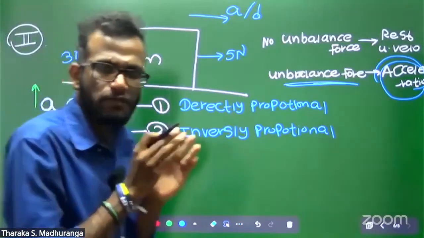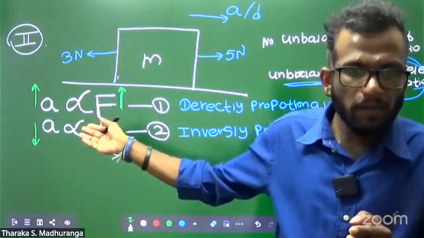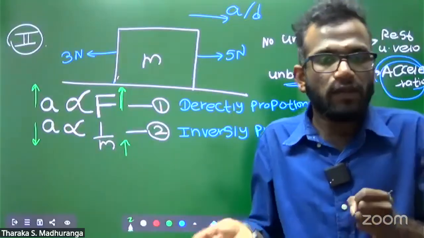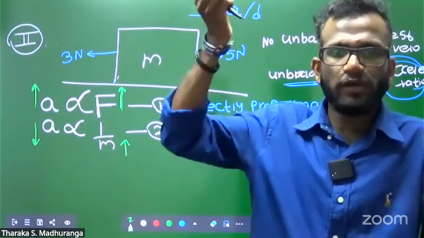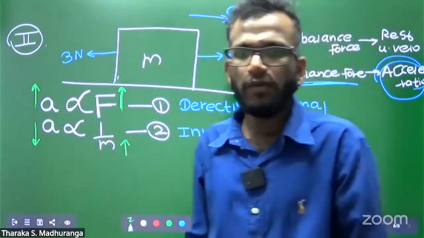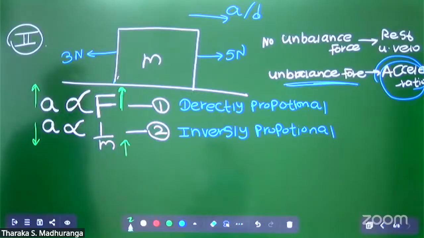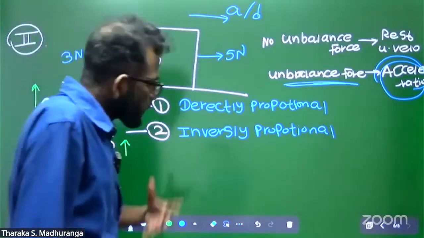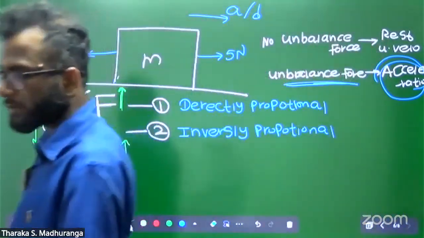That's the difference. The proportional mark is the same, but it is 1 over the mass. When the mass increases, the acceleration goes down. That's the meaning of directly proportional and inversely proportional.